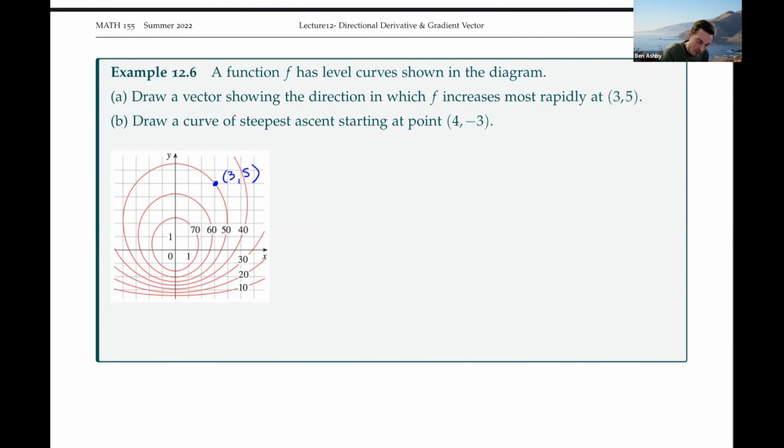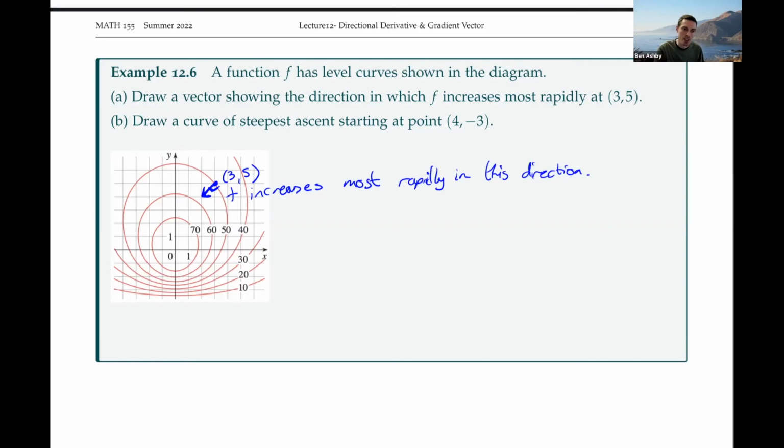So that means our gradient vector, our direction of steepest ascent, needs to be pointing at right angles away from this level curve of 50 in the direction of the one at 60. Okay, so that is the direction in which f increases most rapidly.